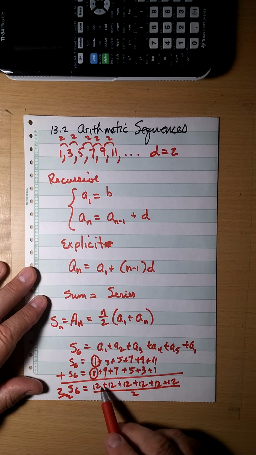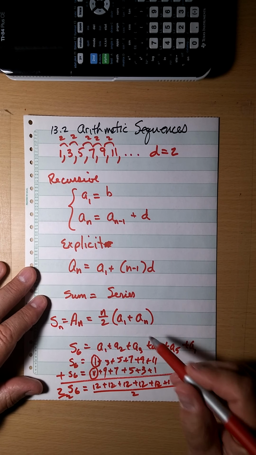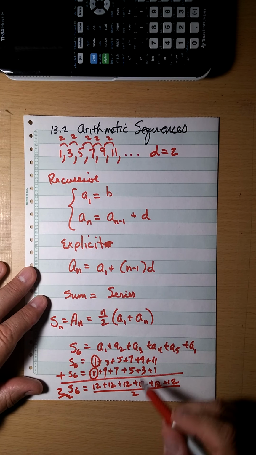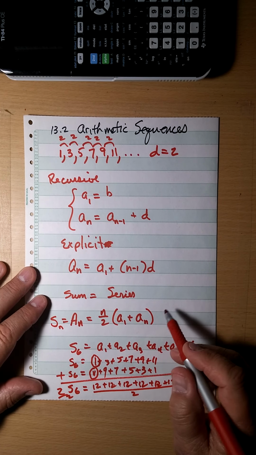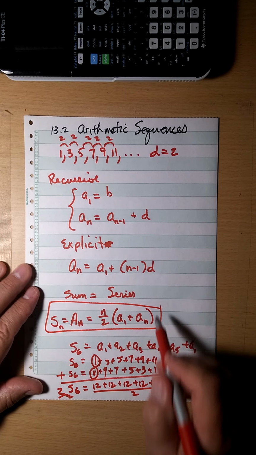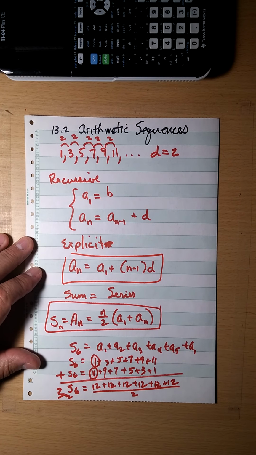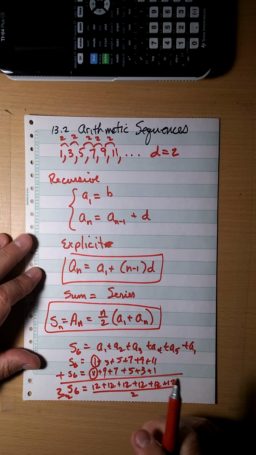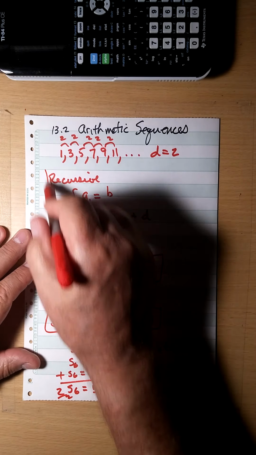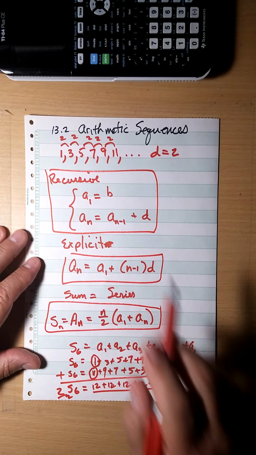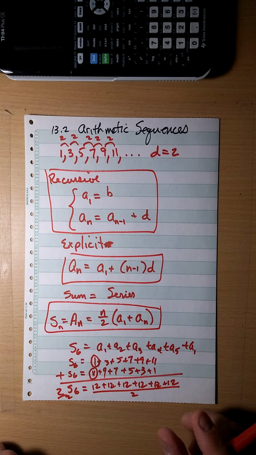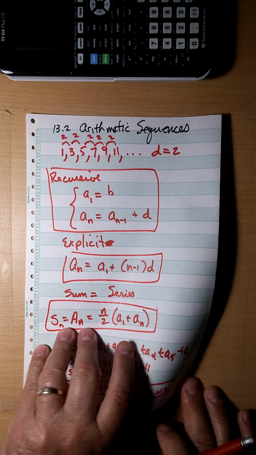There are n of those, 1, 2, 3, 4, 5, 6 in this case, and we divide by 2. So this formula gives you the series. This is the explicit formula for an arithmetic sequence, and this is the recursive formula for an arithmetic sequence. So how do you use this?